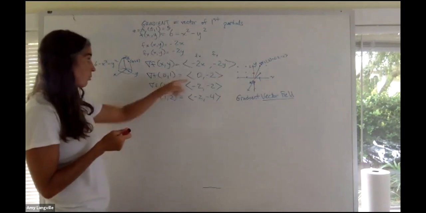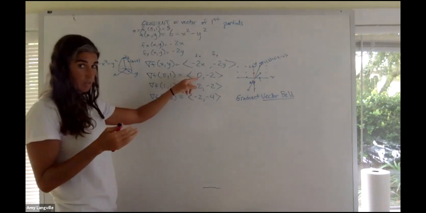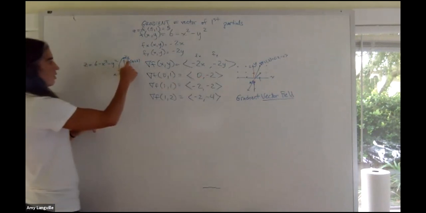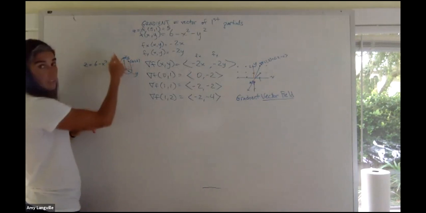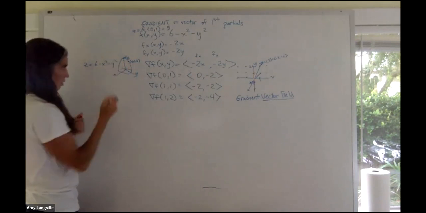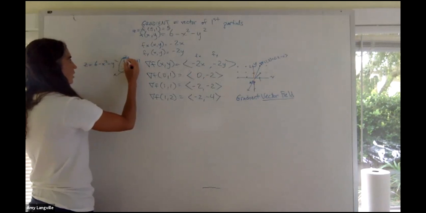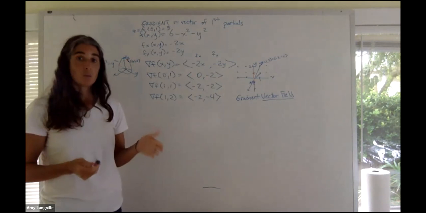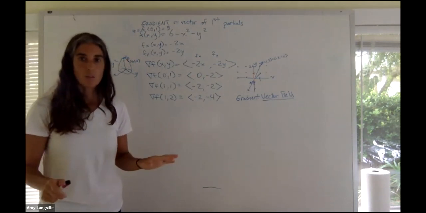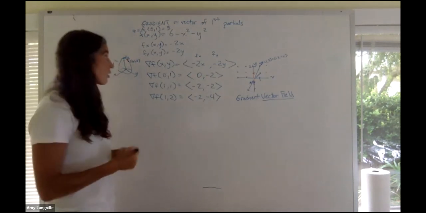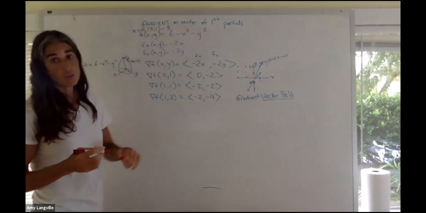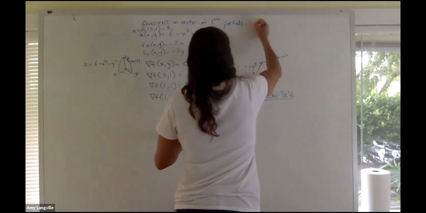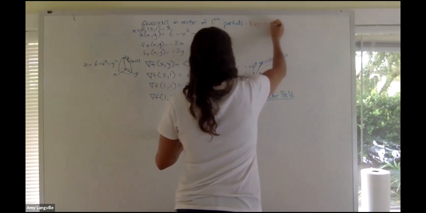The gradient is telling you, go 0 in the x, minus 2 in the y. So I'm up at this point here, and I go in the negative y direction, nothing in the x direction. It'd be pointing us that way, in which case it's pointing us uphill. And that's always going to happen. That's what's so neat about the gradient: besides being a vector of first partials, it is also the direction of steepest ascent.